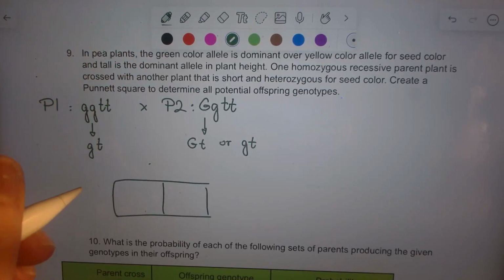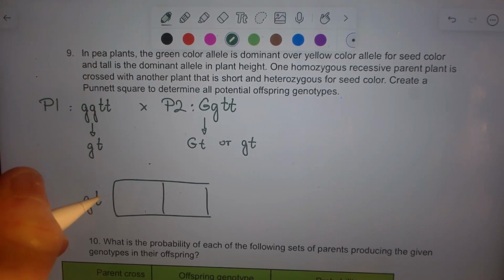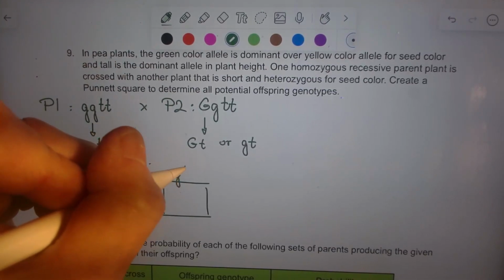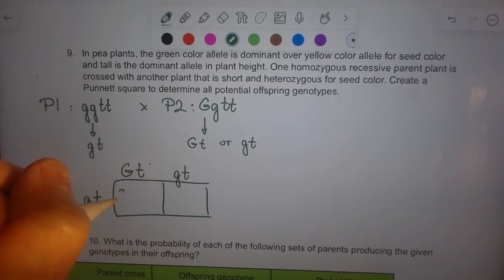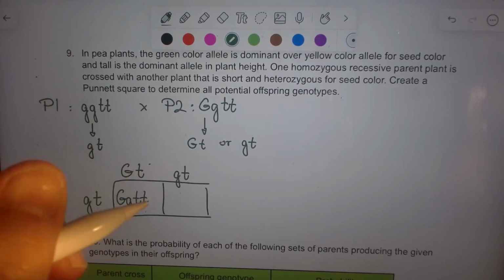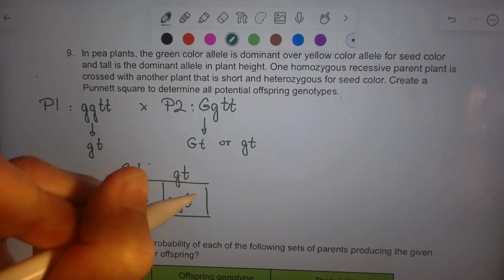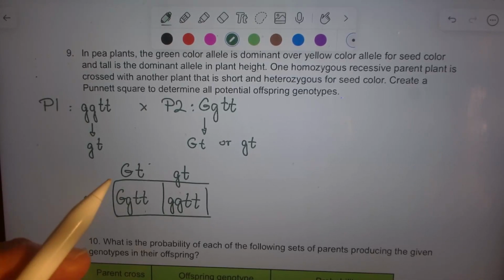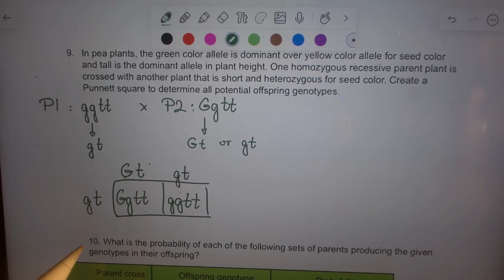Parent 1 will be lowercase g lowercase t in here, and parent 2 will be capital G, lowercase t, or lowercase g, lowercase t. So the gametes are those, and the Punnett square should be 1/2.